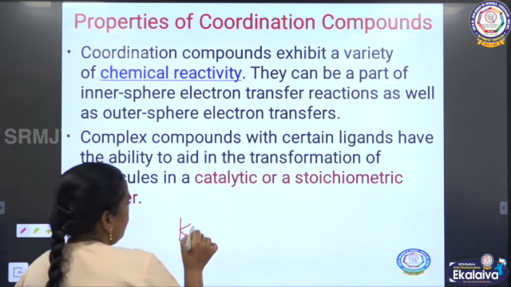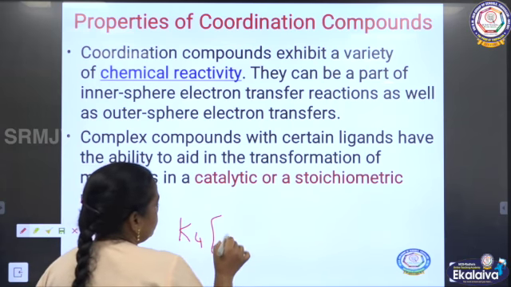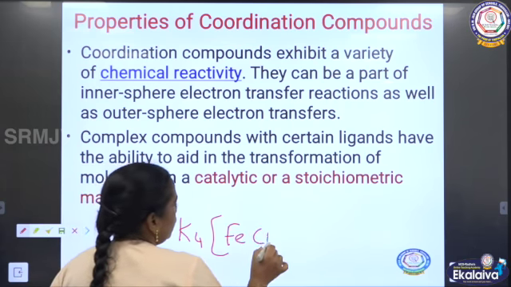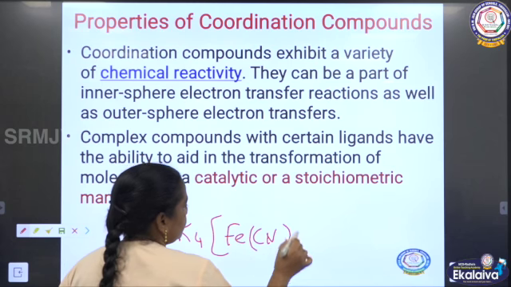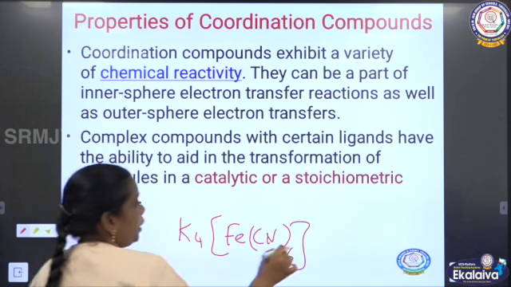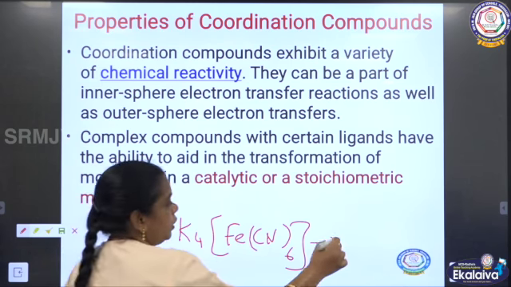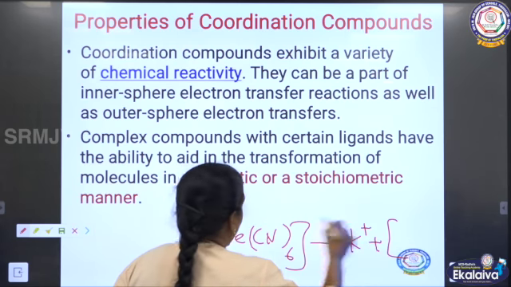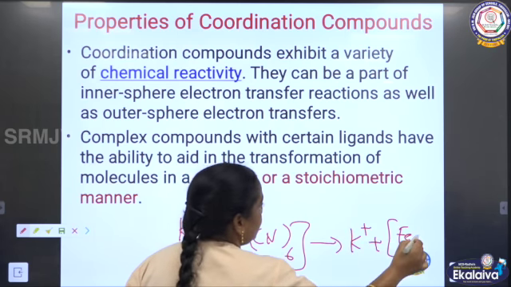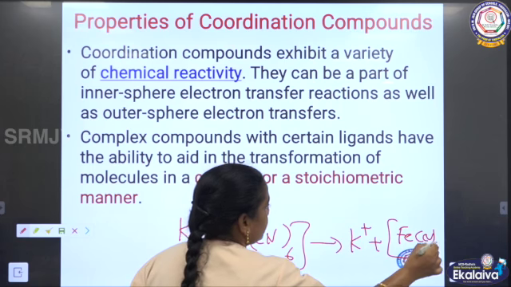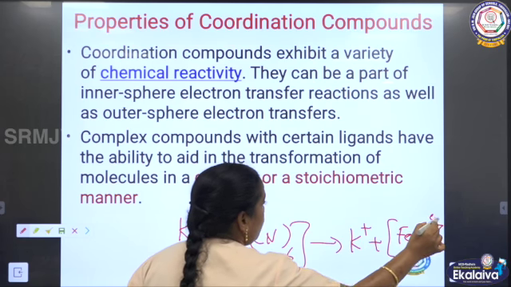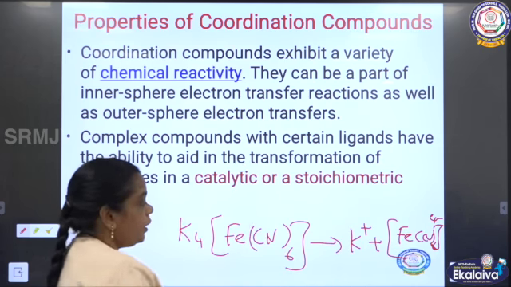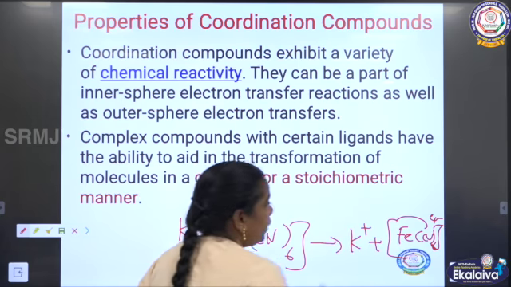Now, for example, K4[Fe(CN)6]. This is going to be ionized into K plus and the complex [Fe(CN)6] 4 minus.